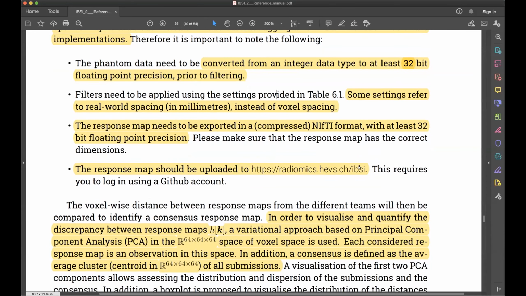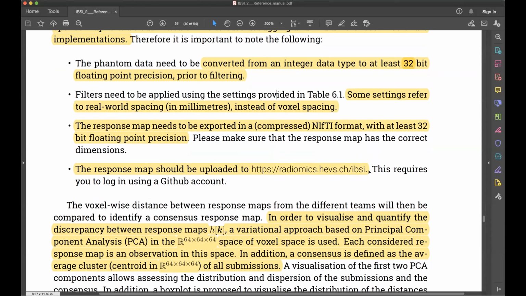Afterwards, you can upload the response map to this great website that the Switzerland team, in particular Roger Chai, has put together, so that it's easy to first submit, and second, visualize results, and ultimately compare your results with others and with consensus maps.